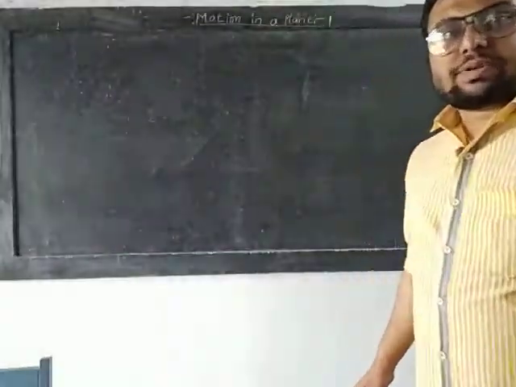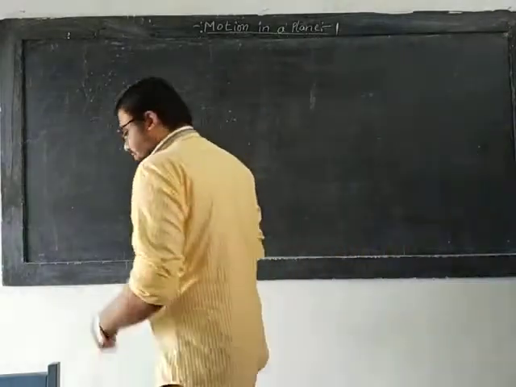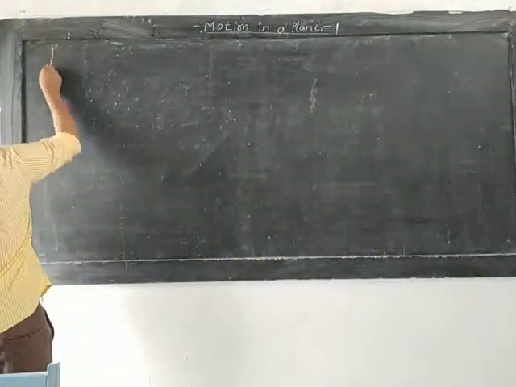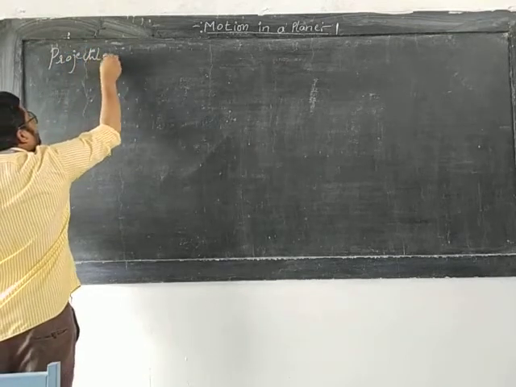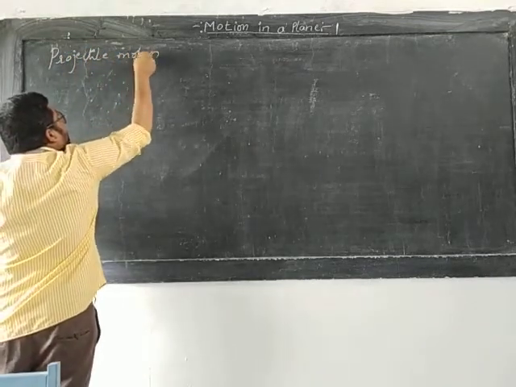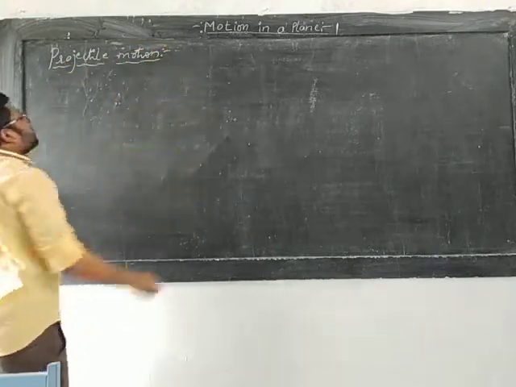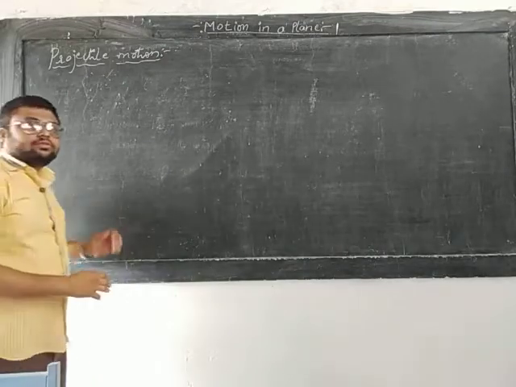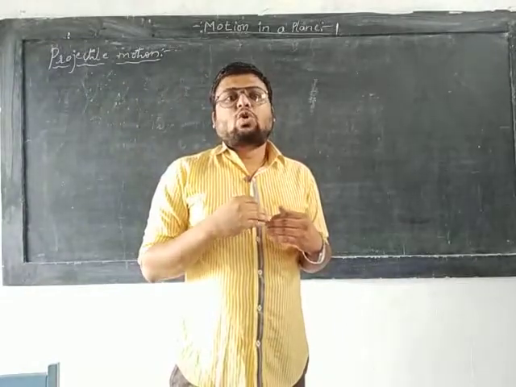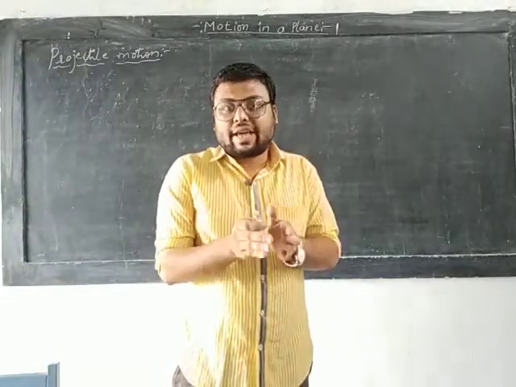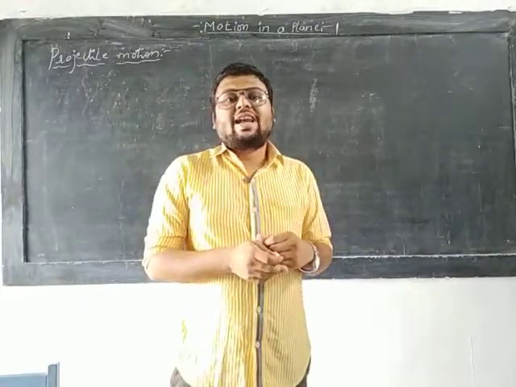Okay, the next concept is the projectile motion. What do you mean by the projectile motion? If any object is thrown in the space with certain initial velocity, which is making an angle with the horizontal, that is called as a projectile motion.